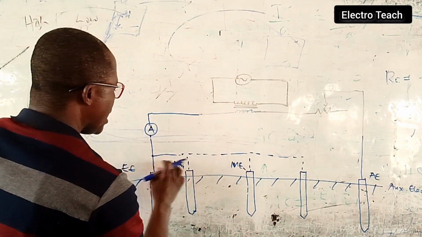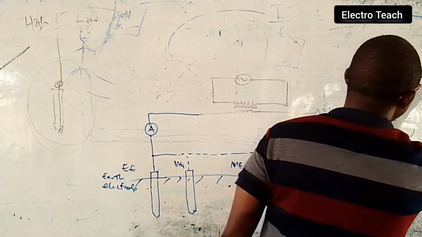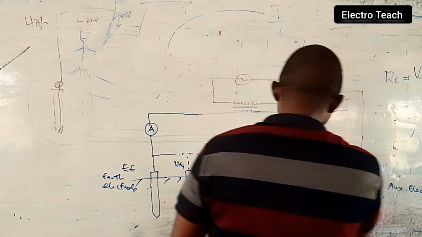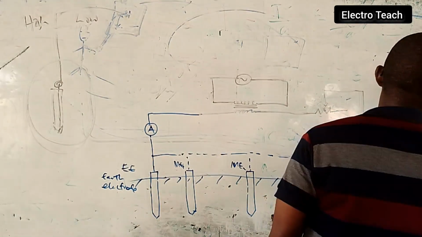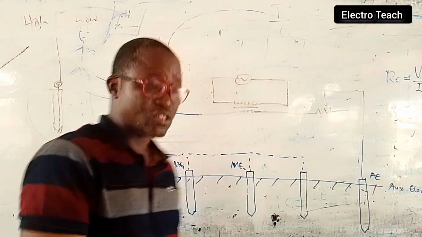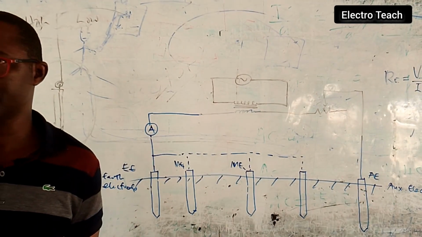So, as you are doing it, measuring the voltage drop between those positions and the current recorded on the ammeter, V over I gives us the resistance of the earth along that path. Are you there? Yes, sir.